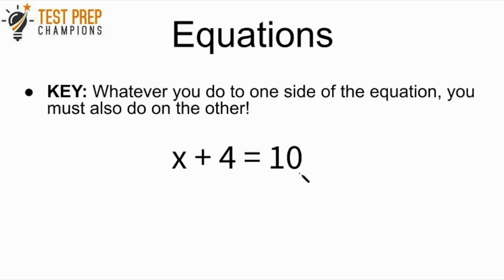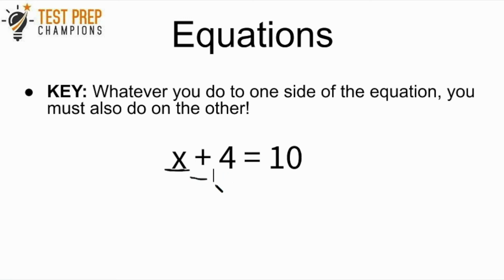Okay, so for solving an equation here, here's how you would do it. So remember, the goal is to isolate the variable, all right? Our variable is the x. We want to get it by itself on one side of the equation, all right? So the way we do that is we want to look at the 4 here. So this says x plus 4. So we want to get rid of that 4 by doing the inverse operation.